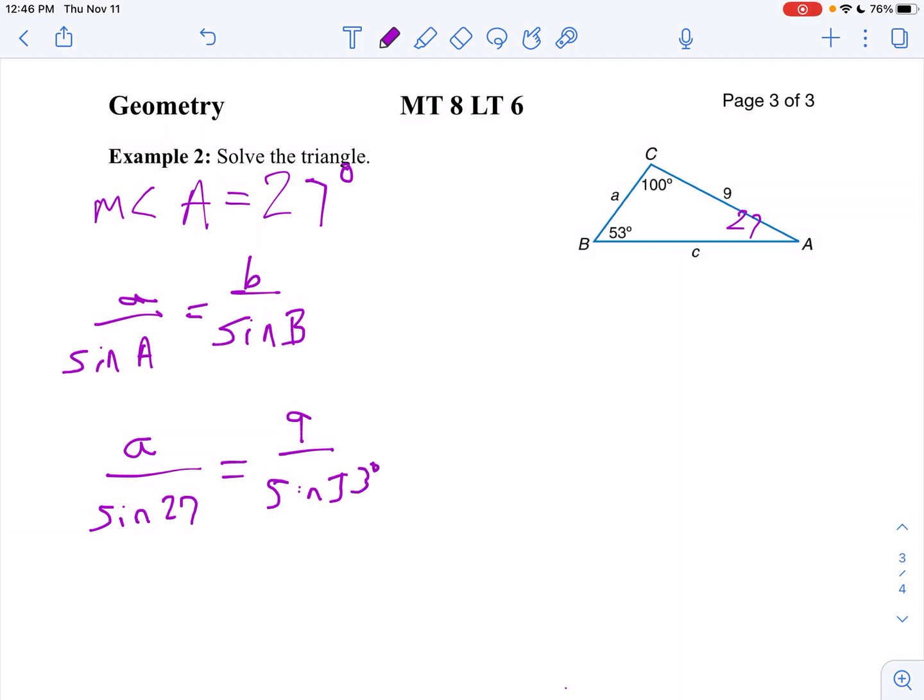If I multiply both sides by the sine of 27, A then is 9 times the sine of 27 divided by the sine of 53. We'll round that to the nearest tenth.